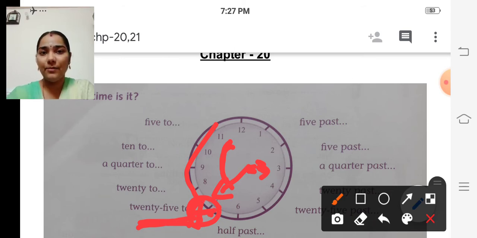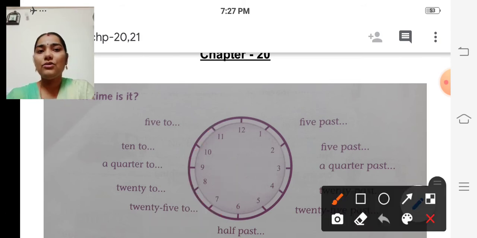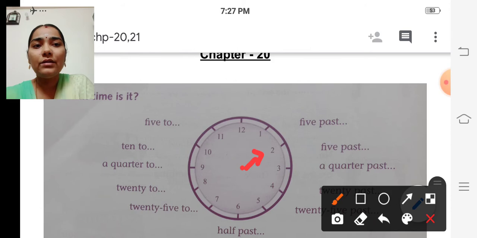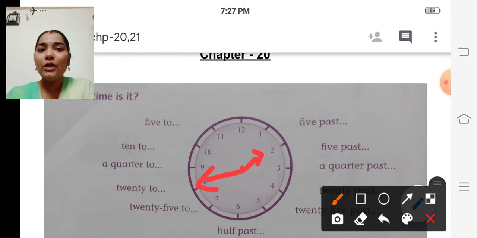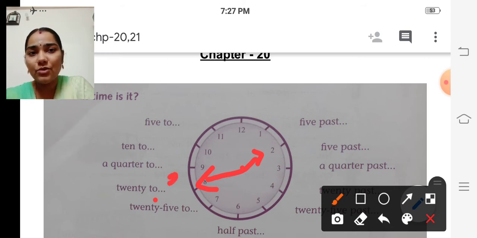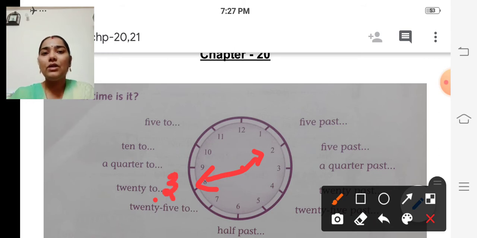Suppose the hour hand is at 2 and the minute hand is at 8, then the next hour will be 3, isn't it? It approaches 3. So 20 to 3. Is it clear, children?